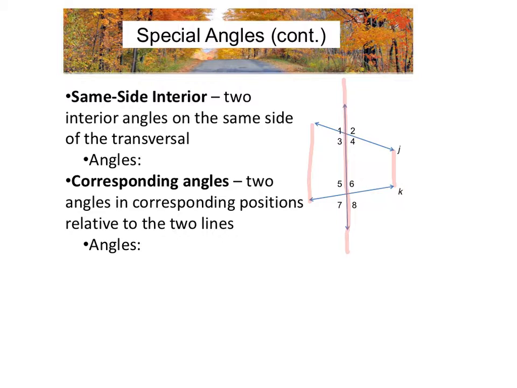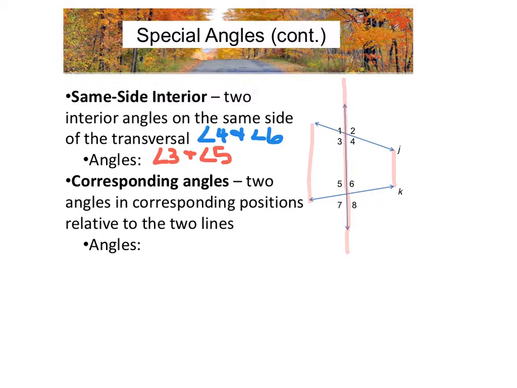What would be 2 angles that are inside and on the same side of the transversal? Jason? Angle 3 and 5. 3 and 5 match together. Good. Because they are on the same side of the transversal and they're both interior. And then on the other side of the transversal, what would be the 2 same side interior? 4 and 6.